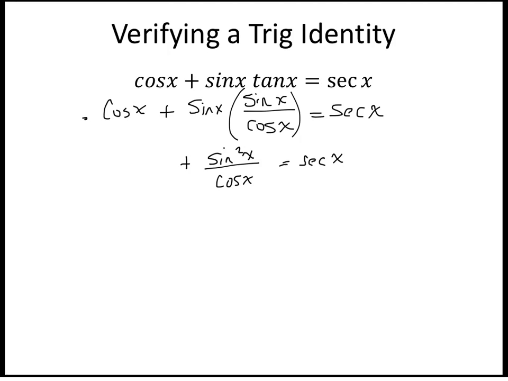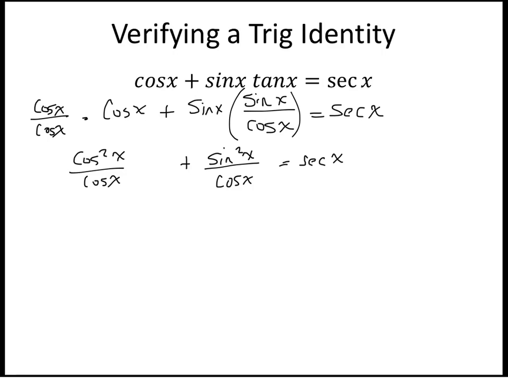So if I multiply this cosine by another cosine of x over cosine of x, remember, this is a form of 1. It's not changing its value. It's just making it have a common denominator, so I can add it to here. So then I end up with cosine squared x over cosine x. So now I have common denominators.